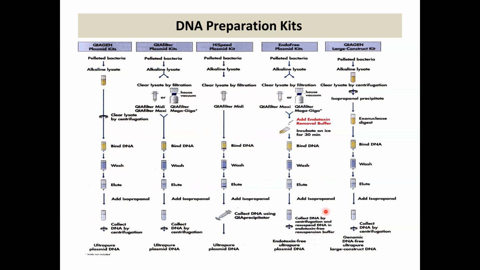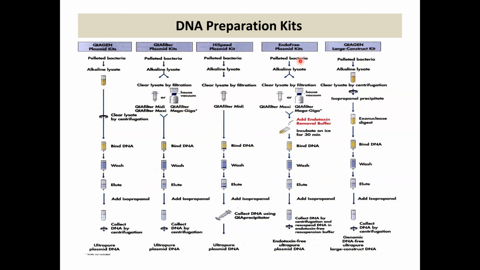However, let's compare with the other commercialized kits used in the laboratory. For example, they use cleared lysate by filtration, which is actually good because you could collect more, a greater number of samples, than with the Qiagen plasmid kit, because they use a filter with a vacuum.